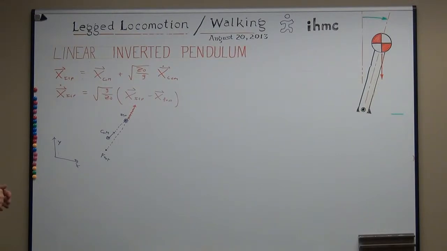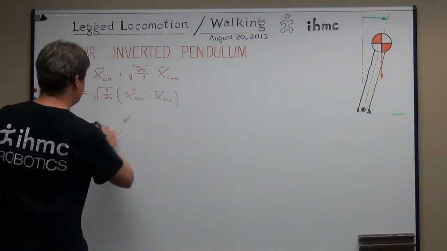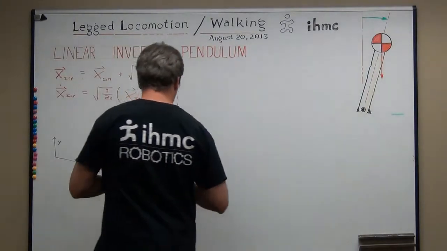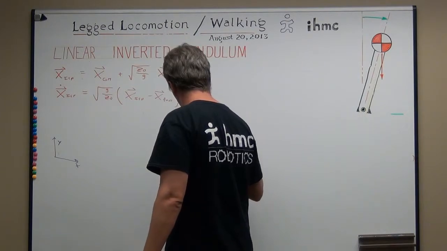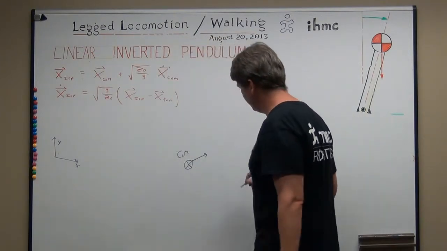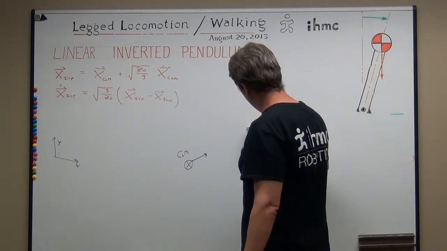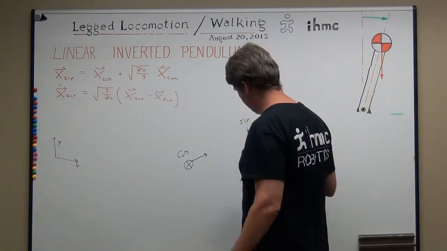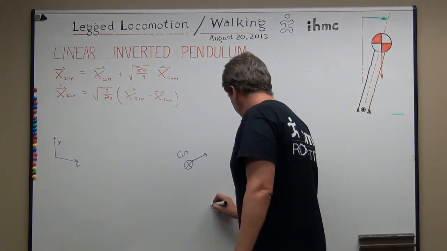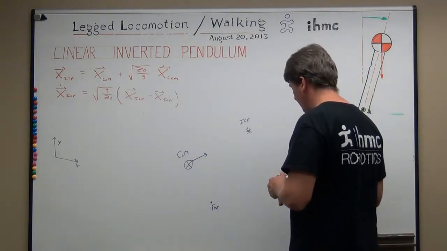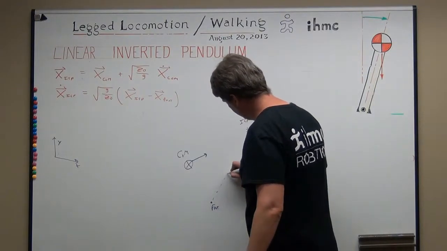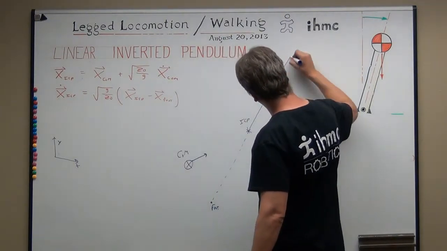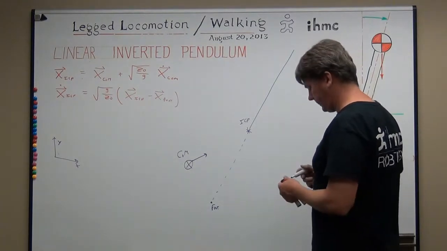Okay? Let me draw it a little bit bigger and better over here. So the center of mass is moving with this velocity, that's the center of mass velocity vector. Instantaneous capture point right there. Let's put the foot down here, make it a little more interesting. So the ICP will move along that line until you take a step.